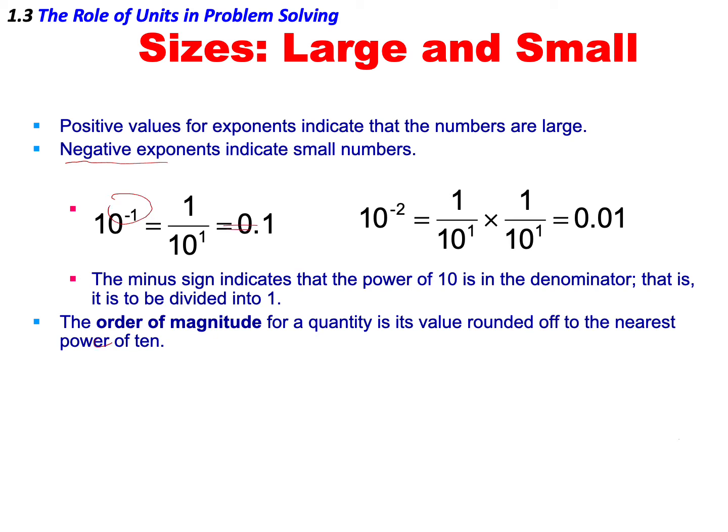So if you have 0.0005, you can shift this decimal point 1, 2, 3, 4 positions, and you can write 5 times 10 to negative 4.